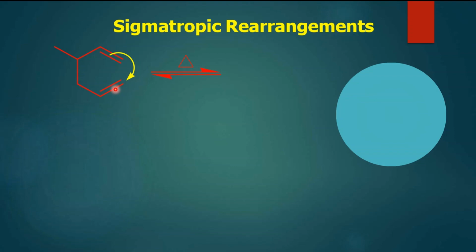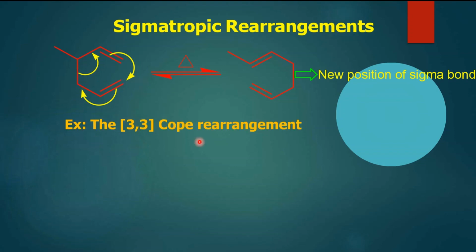To maintain its valency, the pi electrons over here move to the next position, and the sigma bond here breaks and moves to the next position. In the process, the sigma bond at this position has shifted to this position. The starting material has two pi bonds, and the product also has two pi bonds. This is the new sigma bond formed, and no pi bonds have been reduced. The sigma bond position has shifted.